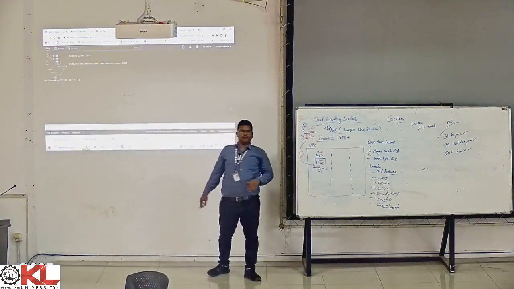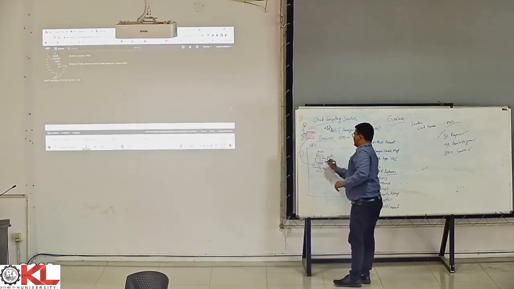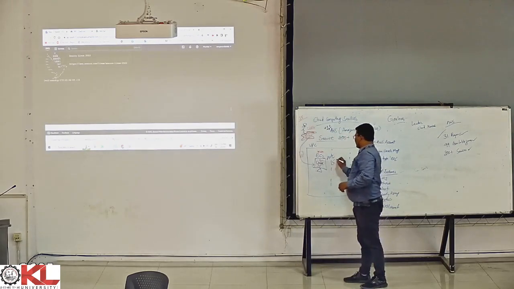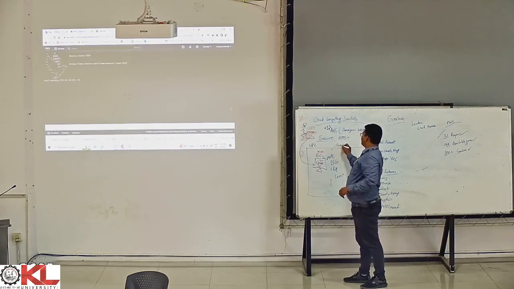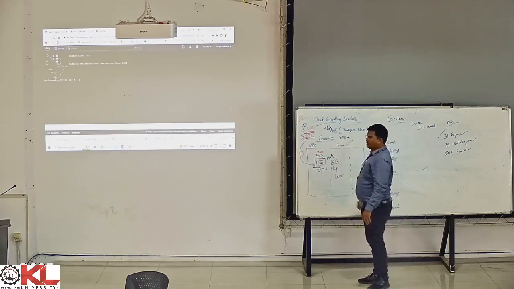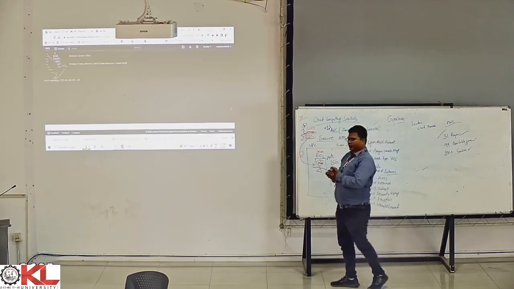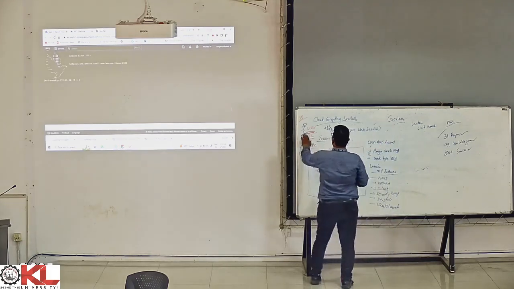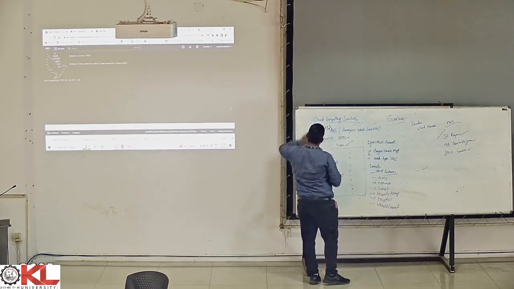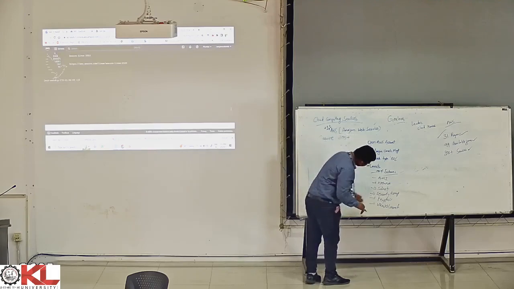I simply selected my AMI, Linux, selected the security group, selected the key pair, launch. Within 5 minutes, you can launch your EC2 service. So this is how you are going to work with Amazon Web Services EC2. So that's all for today.